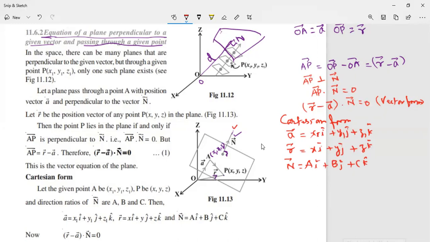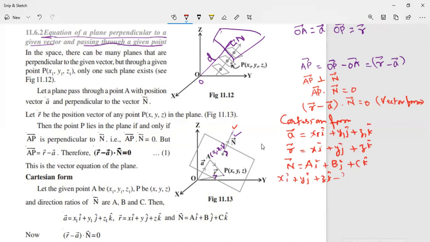Substitute here. Actually, you have to remember both the equations, because in doing the questions you can use the Cartesian form directly and put the values x1, y1, z1, and in the vector form you can put the values. So what is r minus a?